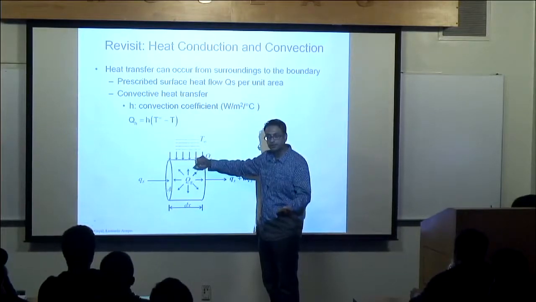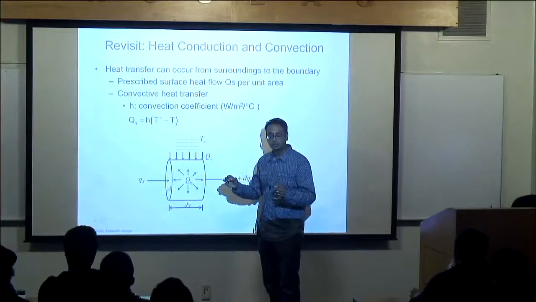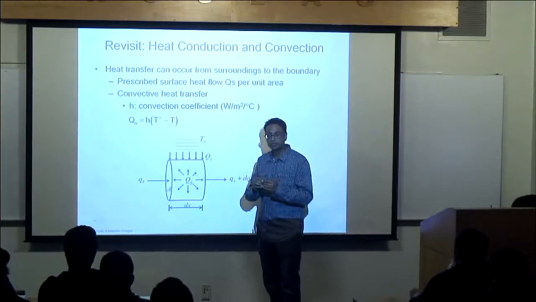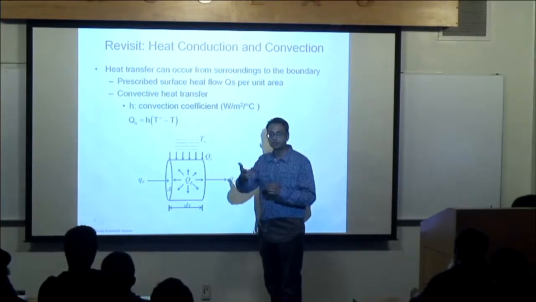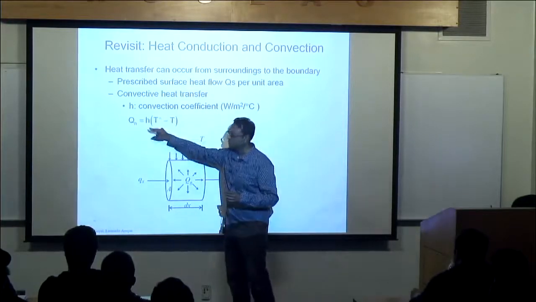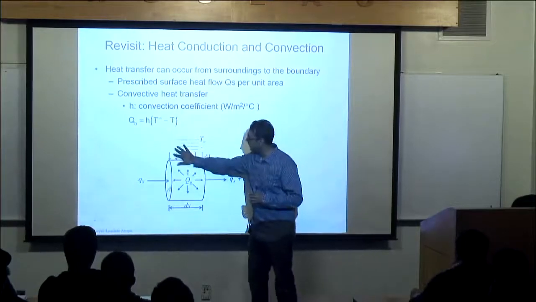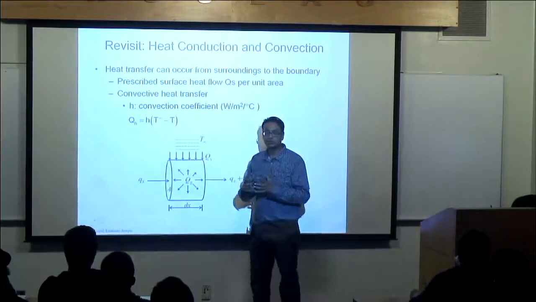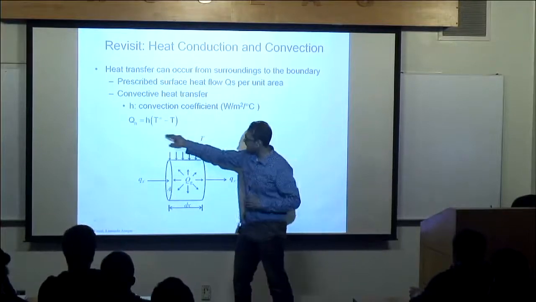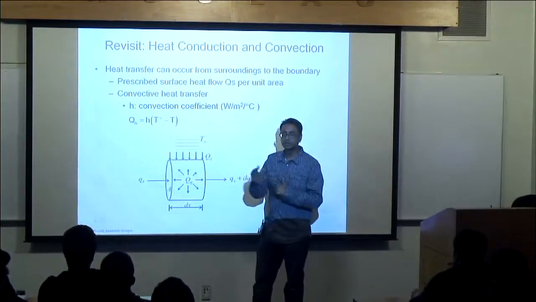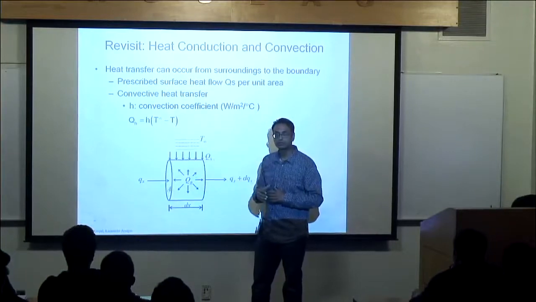And typically, there's a coefficient that tells you how good that transfer is, called a heat transfer coefficient, which is given by this H. Every fluid has an H. And for this example, H tells you how quickly you can get the material to the cooler state.